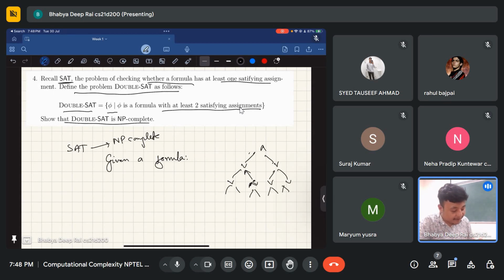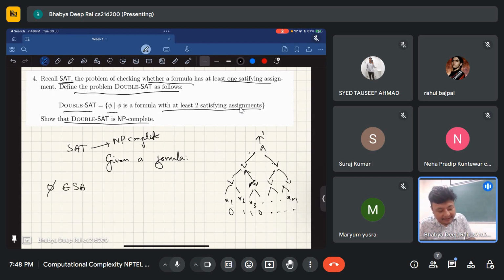Can I give it an assignment? Let's say x1, x2, x3, and so on till xn. Can I give it an assignment 0, 1, 1, 0, and so on? And there could be negation gates also, such that this will finally output 1. This is the question. And even if there exists one particular assignment where the circuit is satisfiable, which means the circuit will give a 1, then I'll say that the formula or the circuit belongs to SAT.